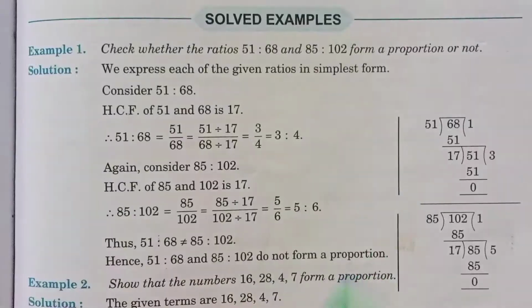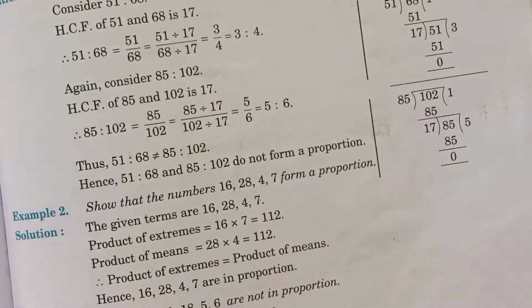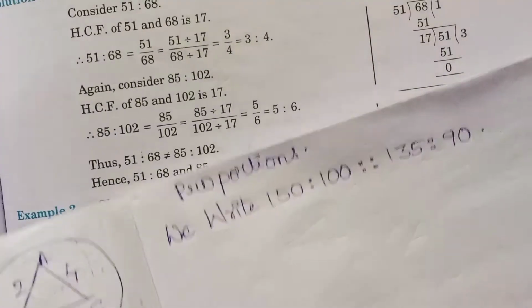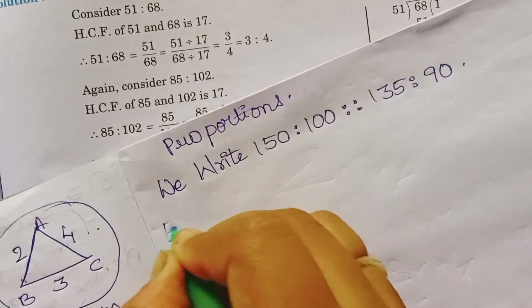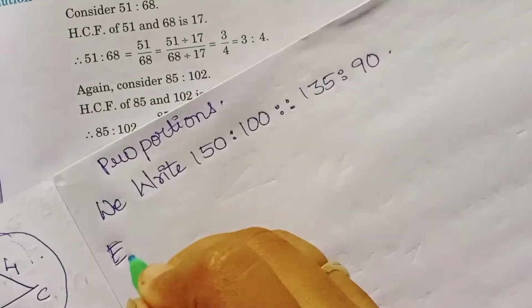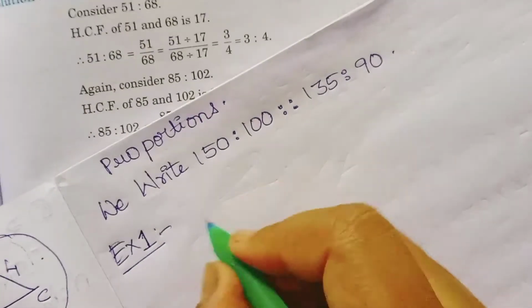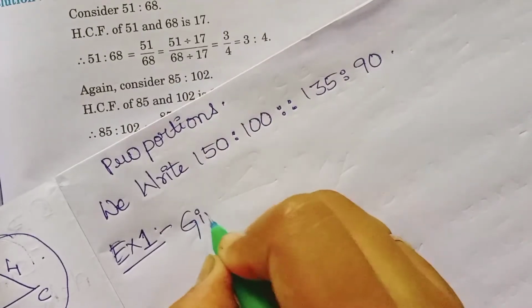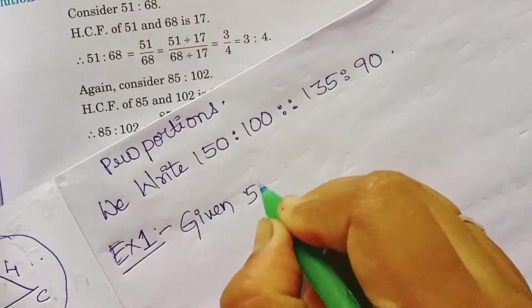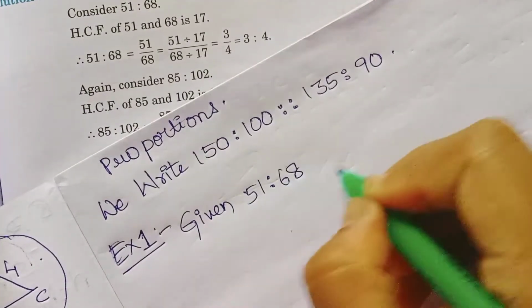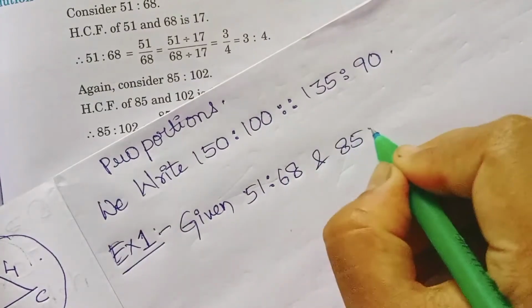Example 1. Given ratios 51:68 and 85:102.